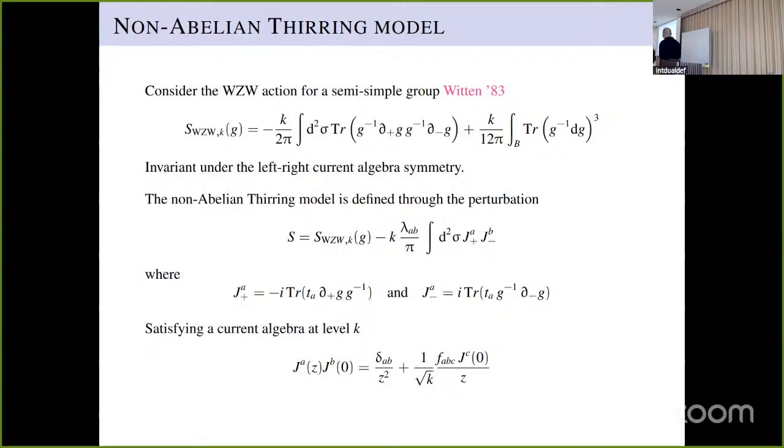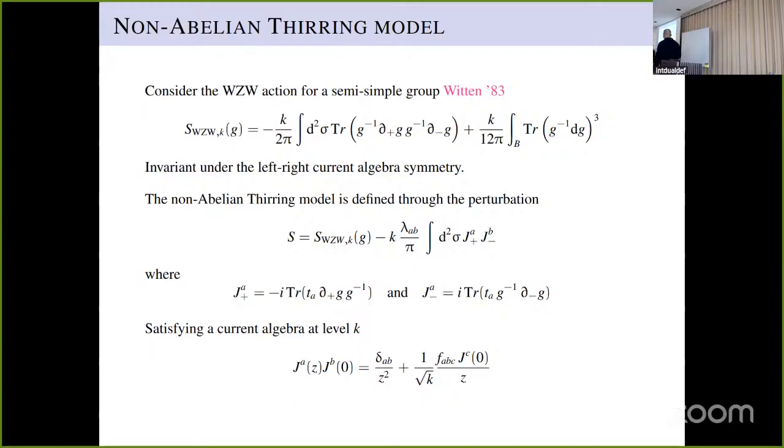And what I'm going to do is start with this field theory and perturb it using this current bilinear. This is an operator which classically, before turning on the perturbation, has dimension (1,1), and the deformation parameter here is this lambda. k is the level of the Wess-Zumino-Witten model.